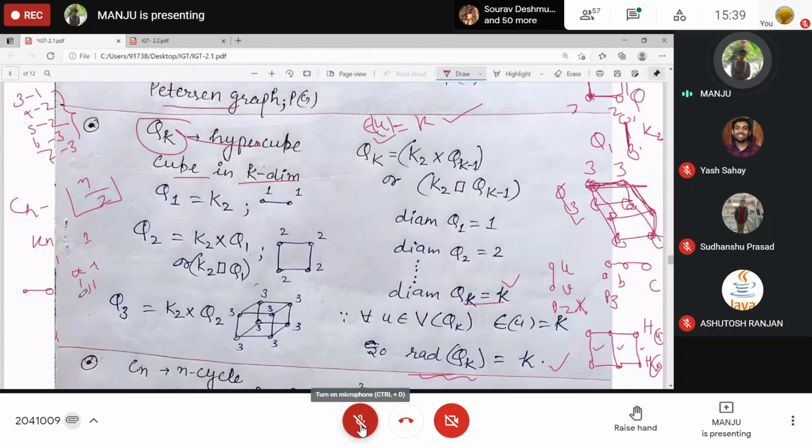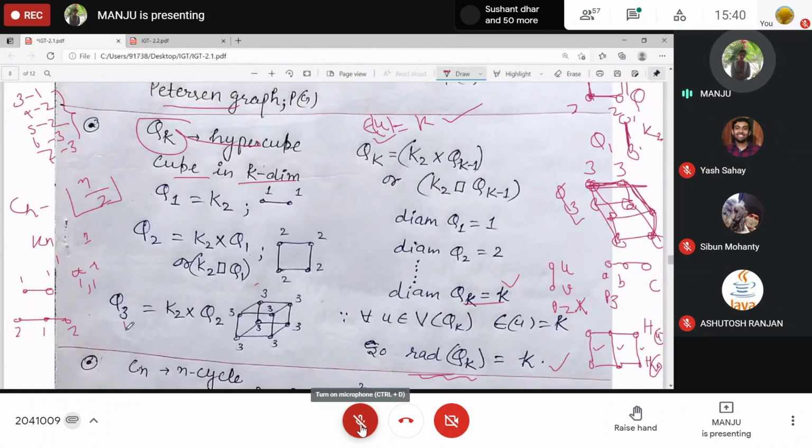Okay, diameter and radius. What about P3? Eccentricity of the end vertices? 2. Here also 2. What about this one? Eccentricity of this vertex? 1.